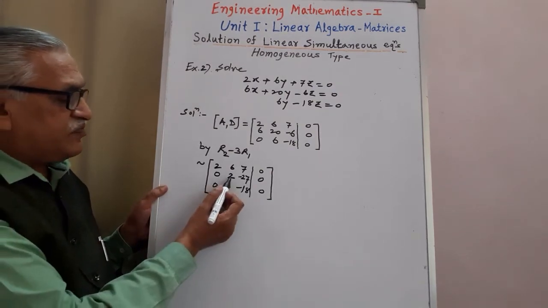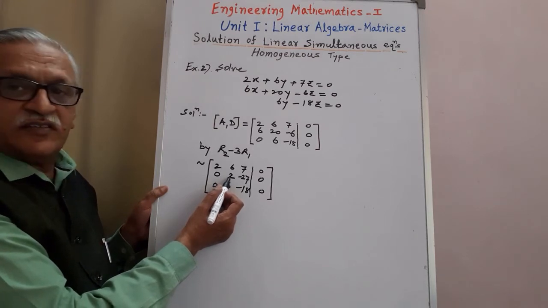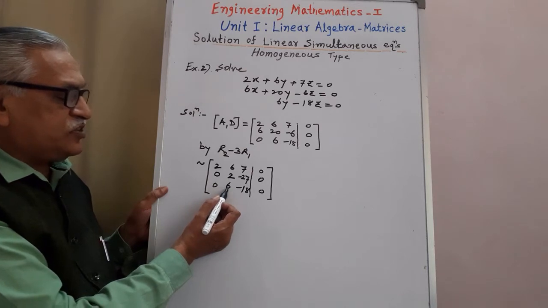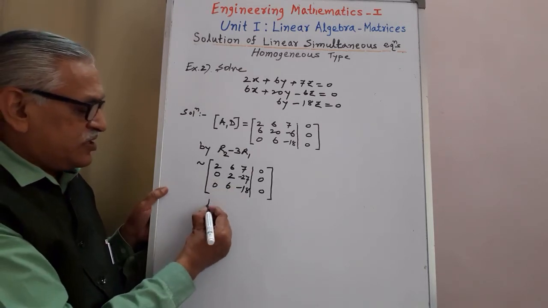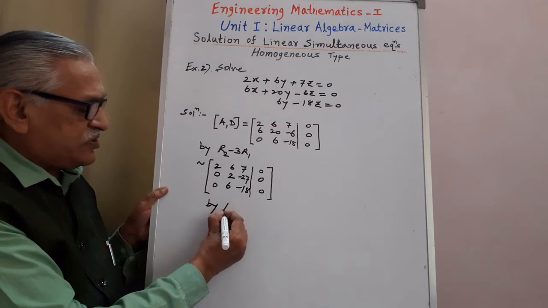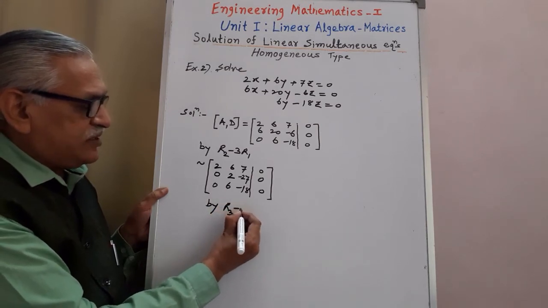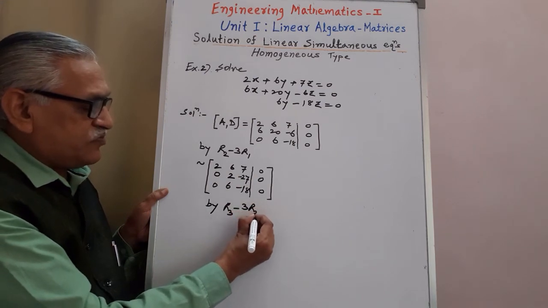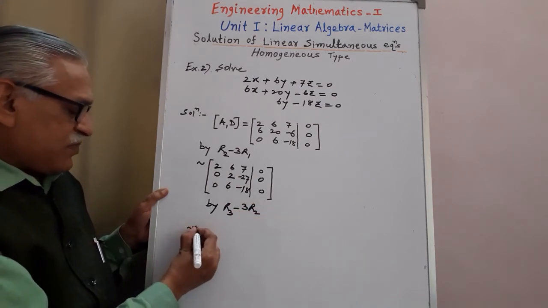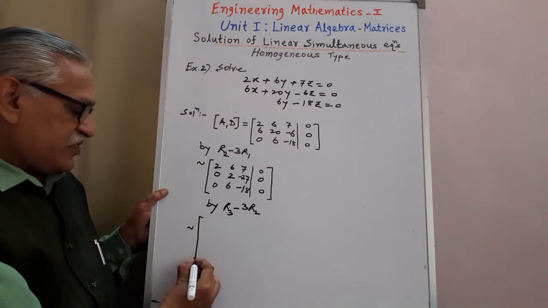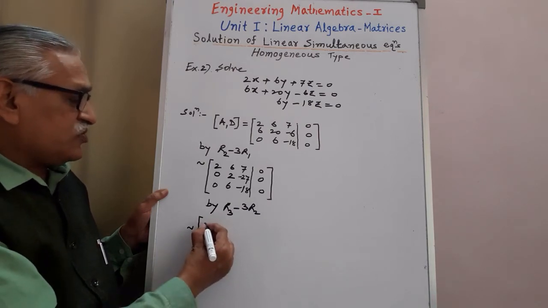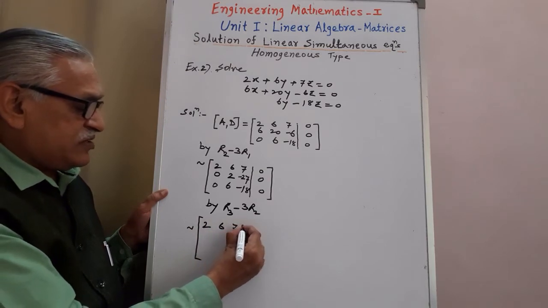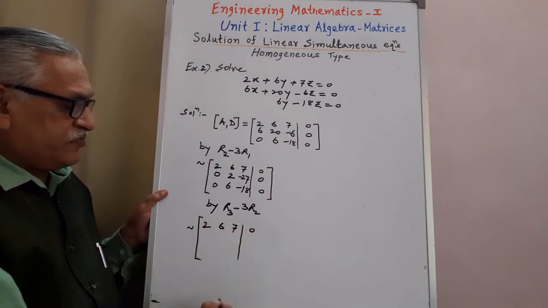Then with the help of this second diagonal element 2, we can convert this 6 to 0. 6 minus 6 we get 0, and for that we have to apply the transformation R3 minus 3 times R2. If we apply this, we get the first row, no change: 2, 6, 7, 0.